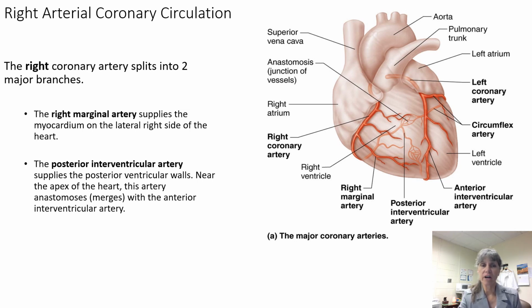Next, we're going to look at the right coronary artery. Here we have the right coronary artery, and here you can see it over here. The right coronary artery is going to split into a right marginal artery, which supplies the myocardium on the lateral side of the heart, as well as the posterior interventricular artery.